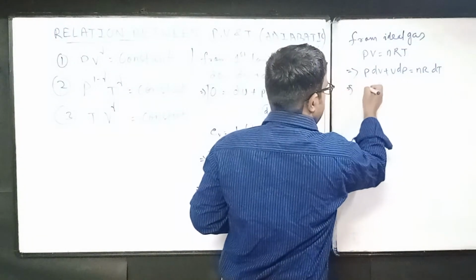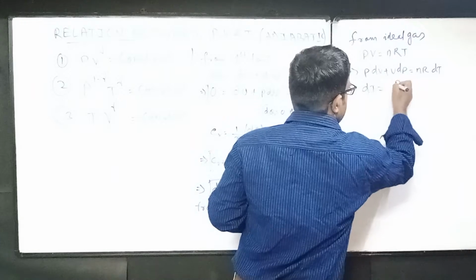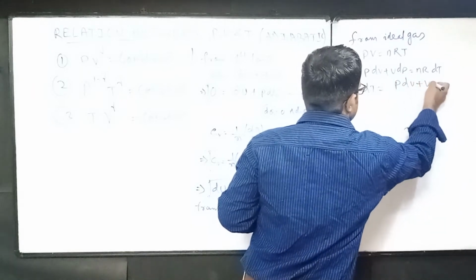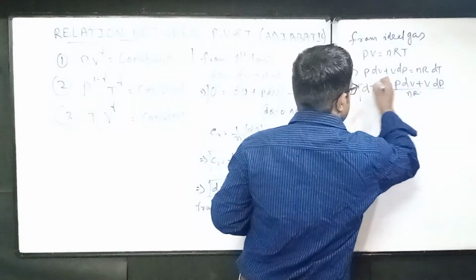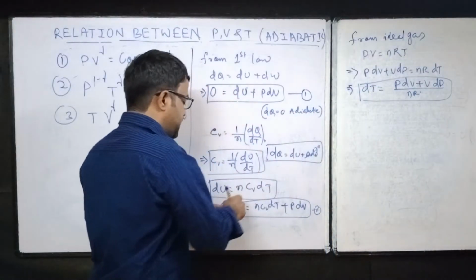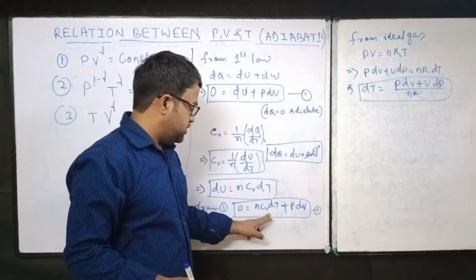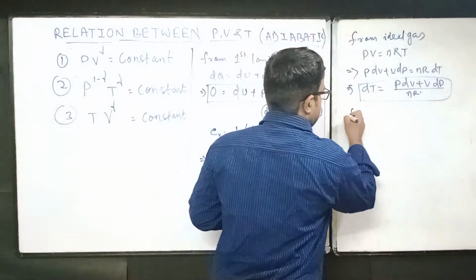So from here we can write dT equal to PdV plus VdP by nR. Now this dT we will replace in equation number 2.